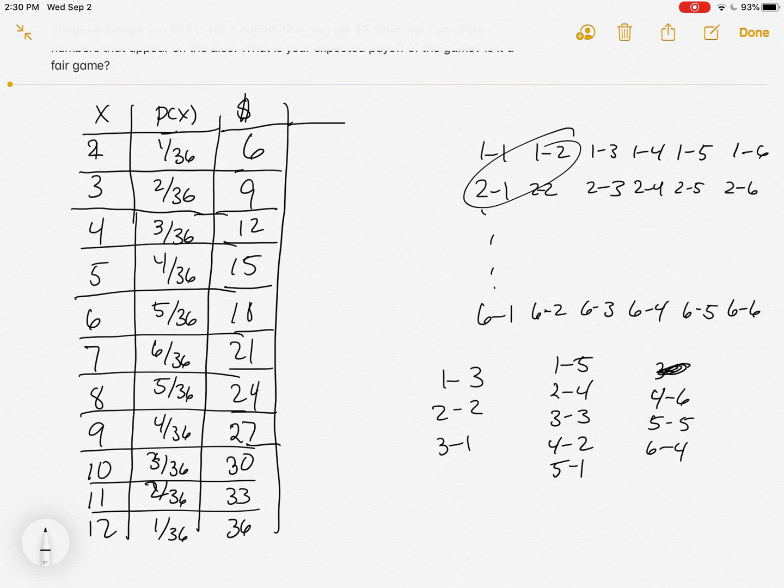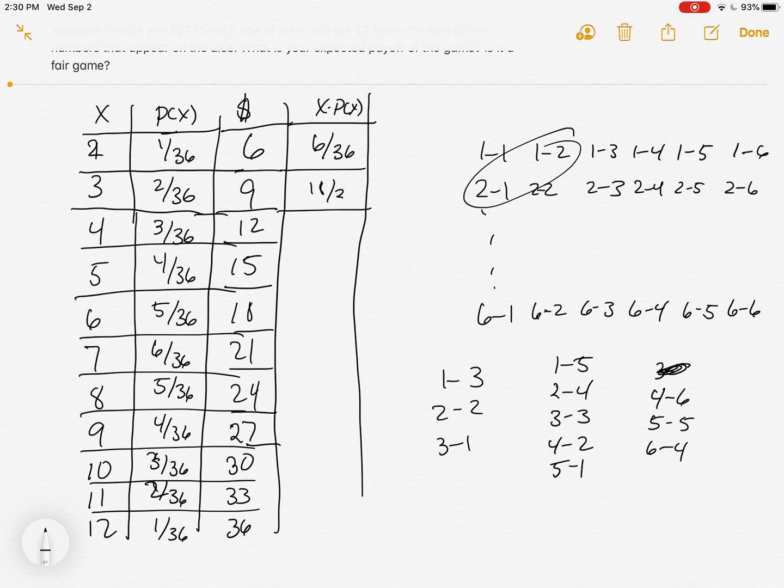So what are we going to do? Well, we're going to get our x times p of x. And I'm writing it in a way where you can track it. So this is 6 out of 36. This is 18 out of 36. This is 36 out of 36.